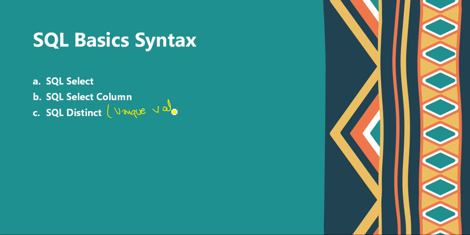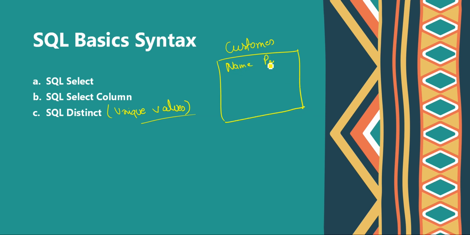select unique values, whether I want to select all the unique products, all the unique categories, all of those. Let's say I have a customer table, and in this customer table I am going to write customer name and the product name. So whatever this customer has bought, let me just create a table.